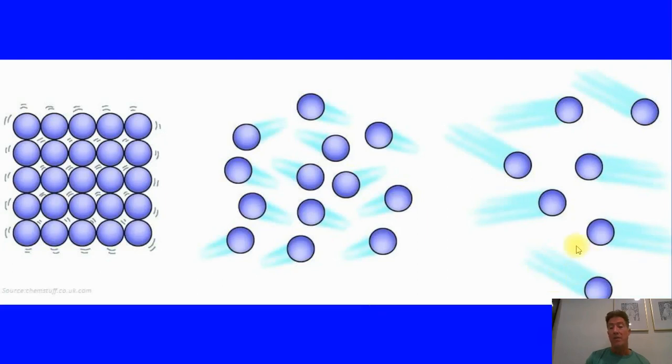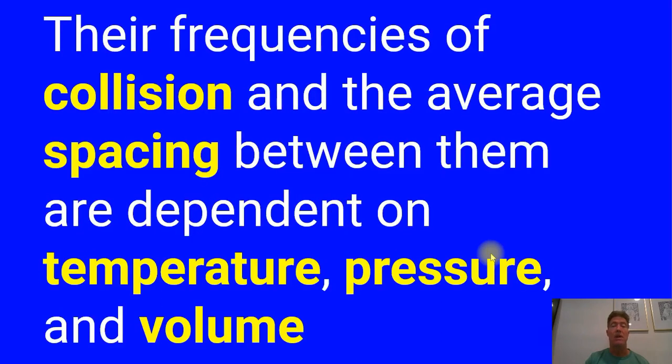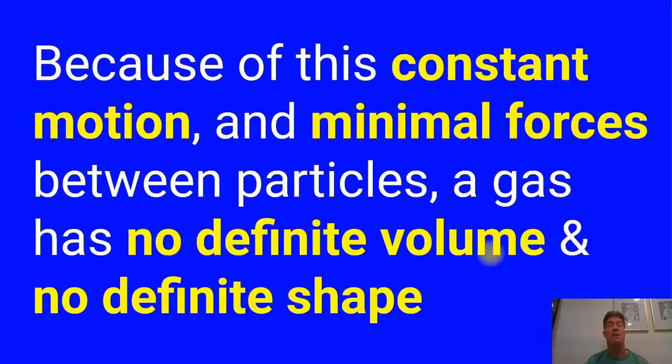This is very different from a gas, which of course the particles are very, very far apart. In a gas, the particles are in constant motion, and the collision frequency and their spacing is dependent on the temperature and the pressure and the volume, and that gives us all of our fun gas laws. Because of this constant motion and the minimal forces between particles, a gas has no definite volume.